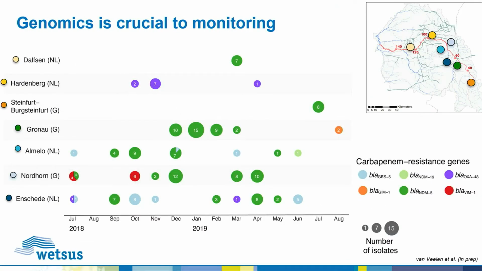So if we look at this variation over time, and then we focus on the type of resistance genes that these bacteria carried, we can see on the x-axis the time period, and on the y-axis we see all the different treatment plants. And the colors indicate the type of resistance genes that these bacteria carried specifically against this carbapenem, so this biggest problem kind of case.